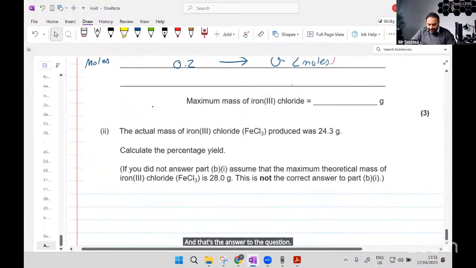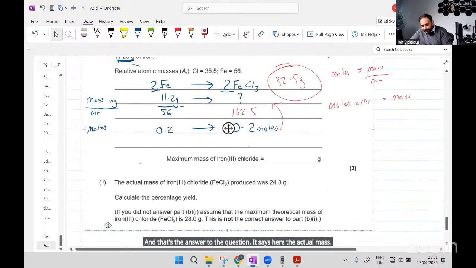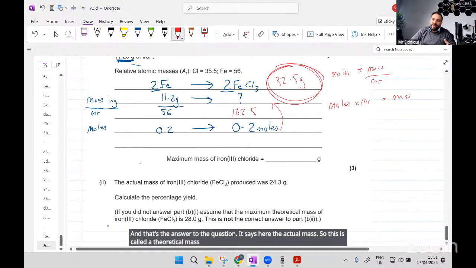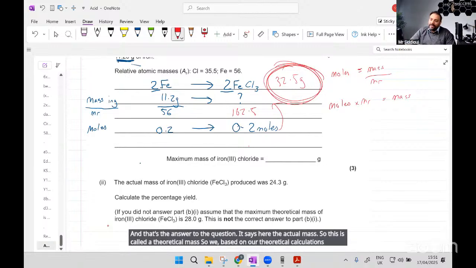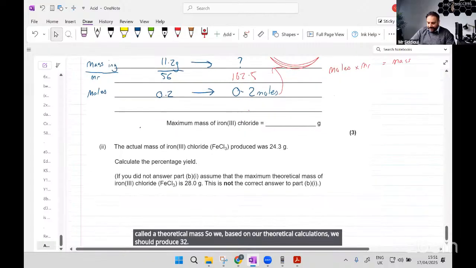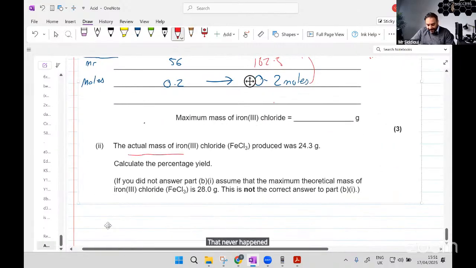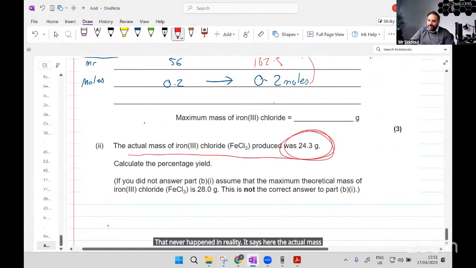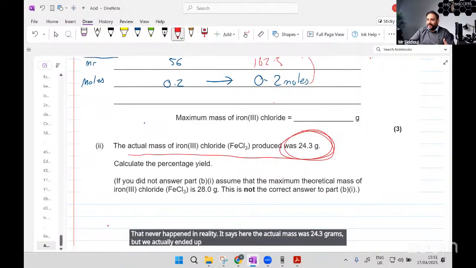It says here the actual mass. So this is called a theoretical mass. Based on our theoretical calculations, we should produce 32.5 grams of iron chloride. That never happens in reality. It says here the actual mass was 24.3 grams that we actually ended up producing. There's a number of reasons for that, which you are meant to learn, like not all of something may react. You may have not measured things correctly, and various other things.